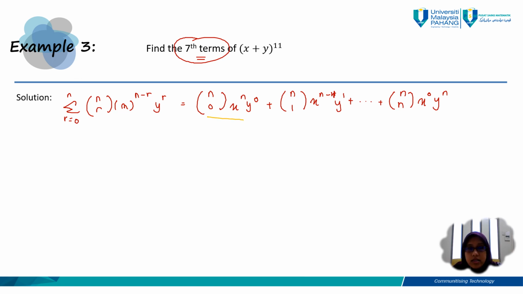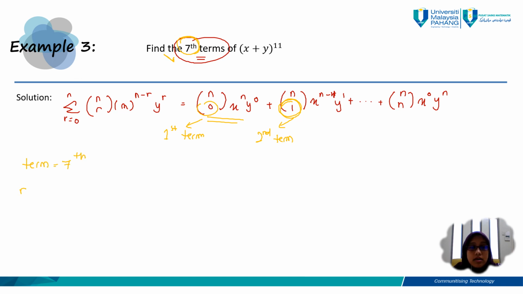This one we call the first term, r equals 0. This one is the second term, r equal to 1. For this example, we are going to find the 7th term, so the term is equal to 7.